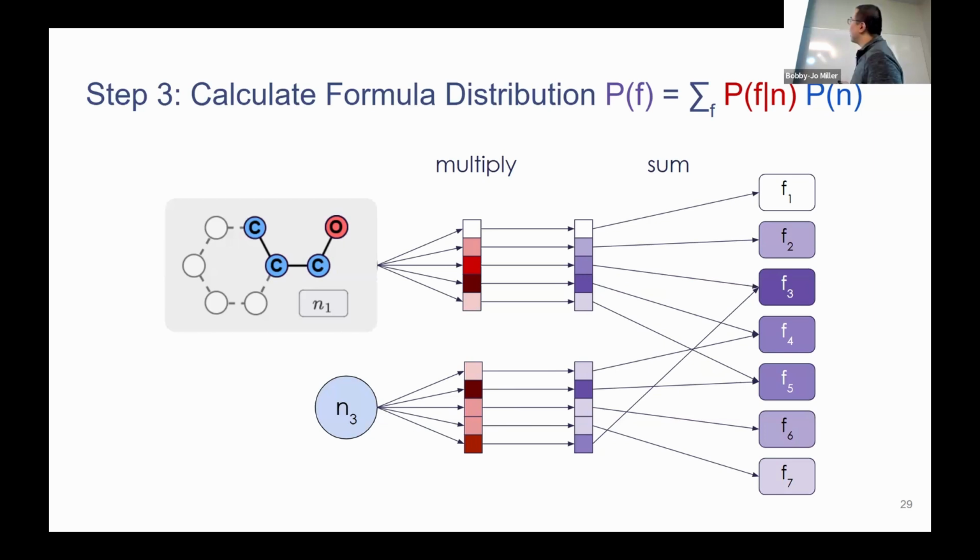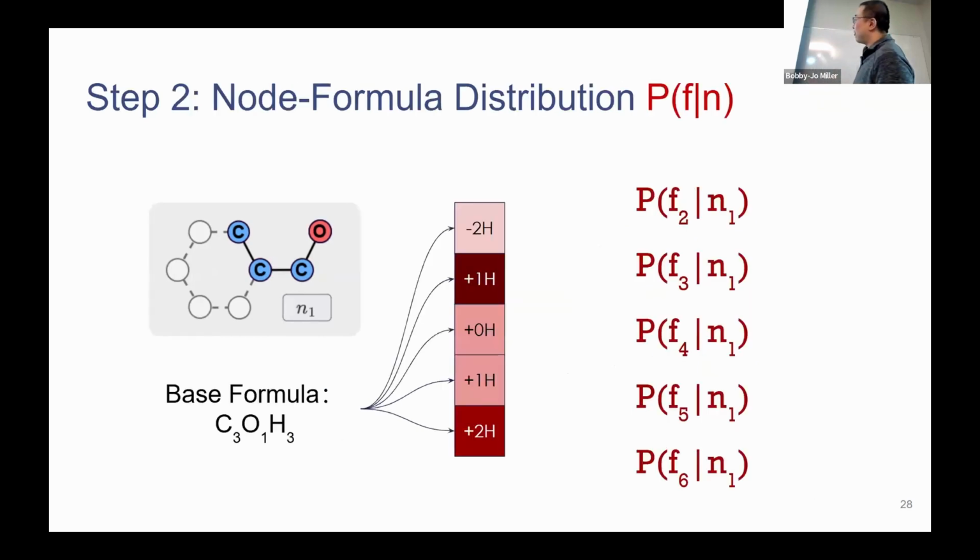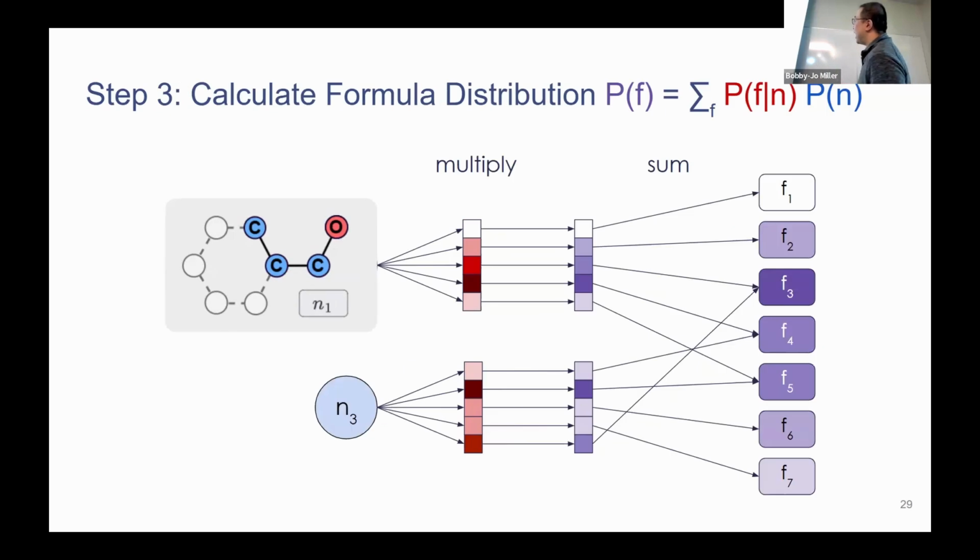One thing you may notice here is there is a single edge jumping from node 3 back to formula 3, because it's very common for molecular structures to have the same formulas. So that's why the probability of the same formula 3 is actually a summation of the probabilities on this block and that block and that block together.